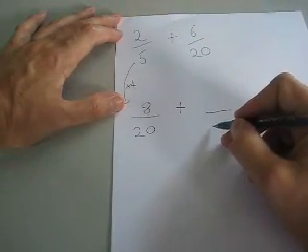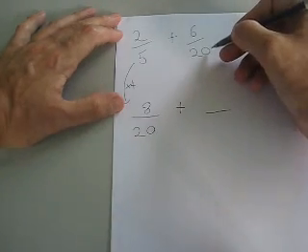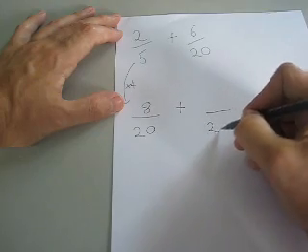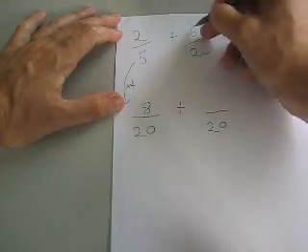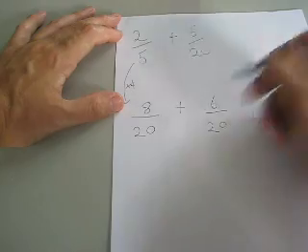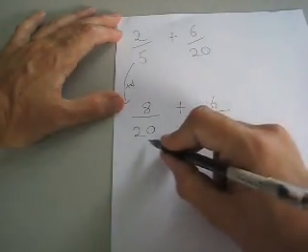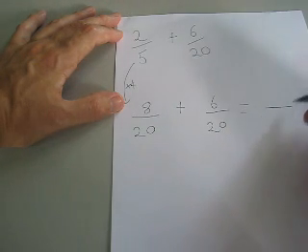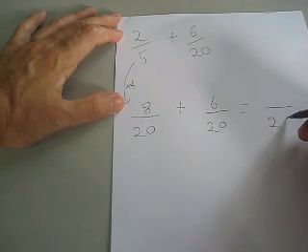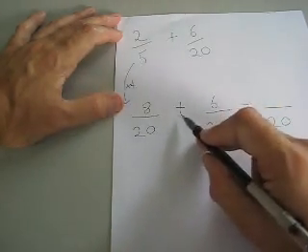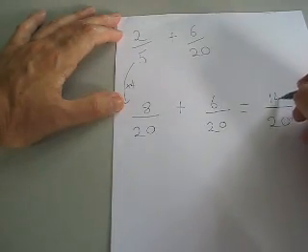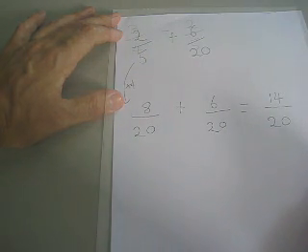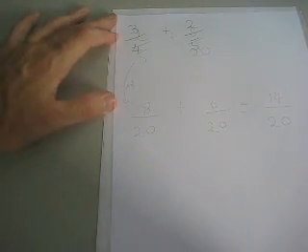Now I want 20 over here. Well, I already have 20 over here, so I don't have to do anything. It's already 20, and the numerator is 6. And now I have two fractions with a denominator of 20, which I can add. The denominator remains the same, it's 20, and 8 plus 6, 14 over 20.